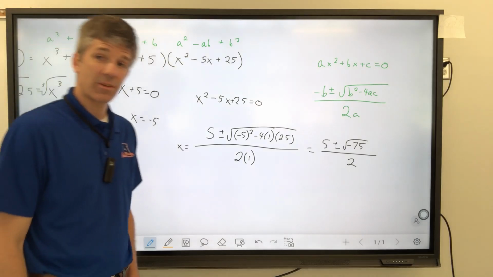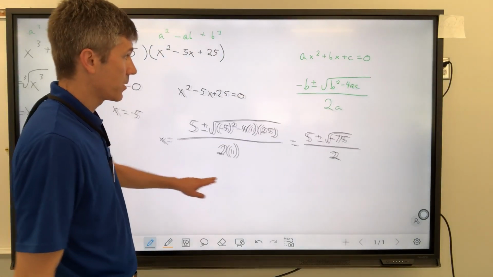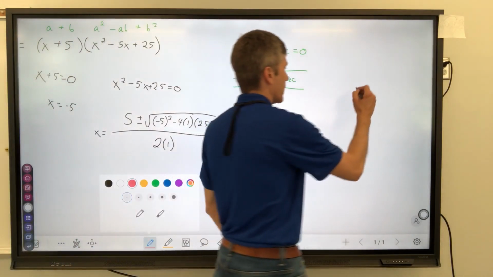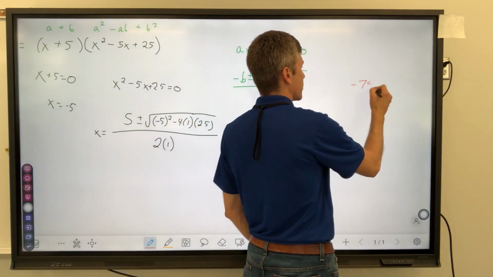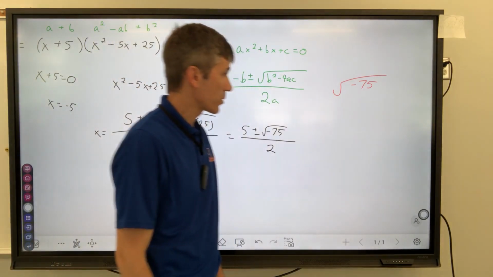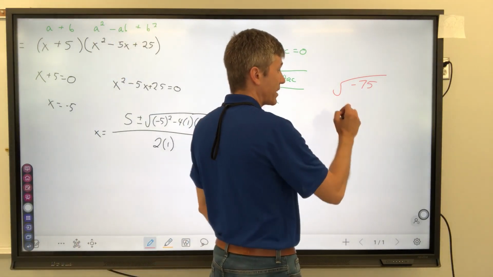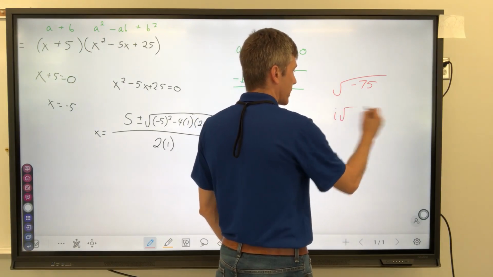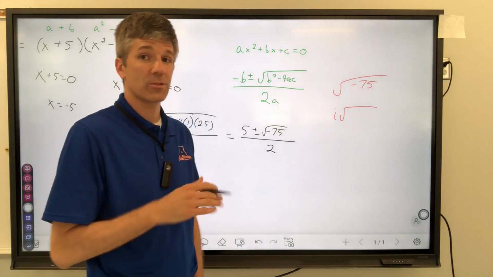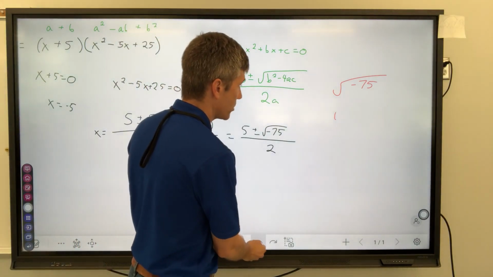Well, we have a negative 75 under a radical, so let's just pause for a second, slide over even more, and take this negative 75 and break that down. If you have a negative under a square root, that is a complex root, so we're going to have an i in the front. That's the same thing as saying the square root of negative 1, if you want to write that.